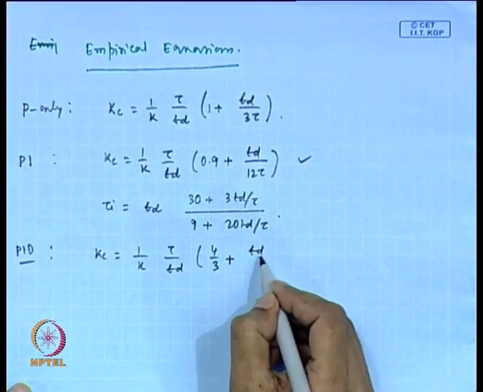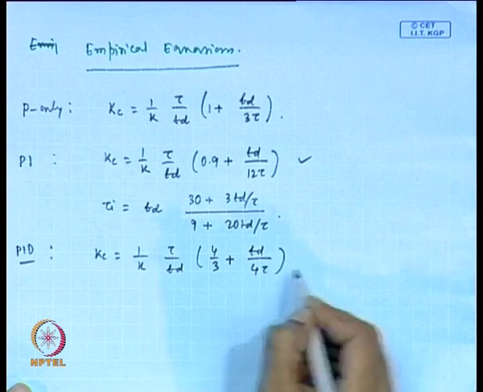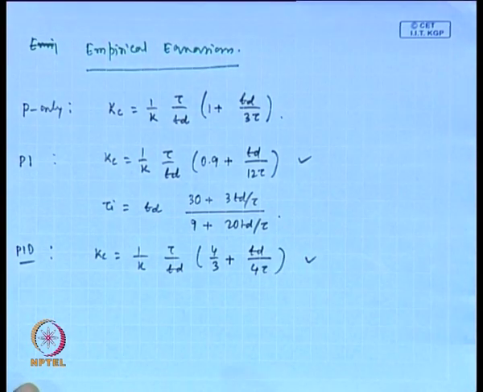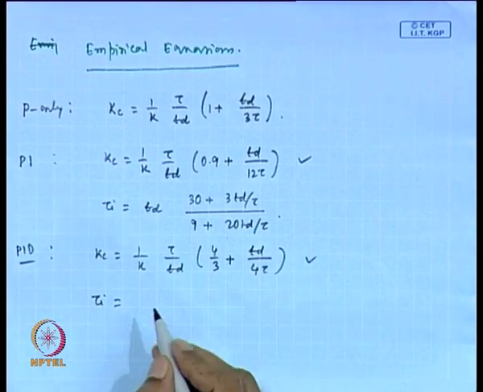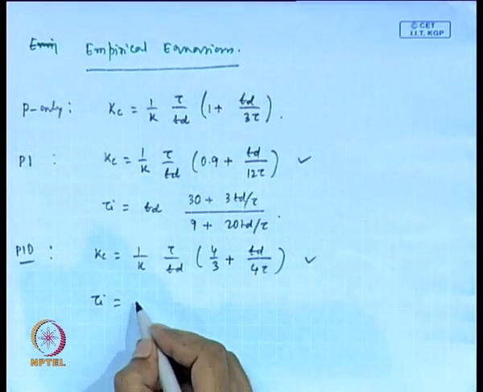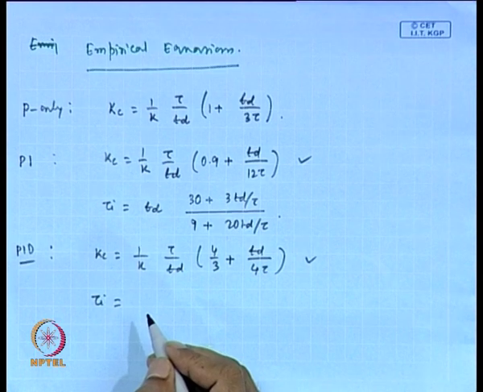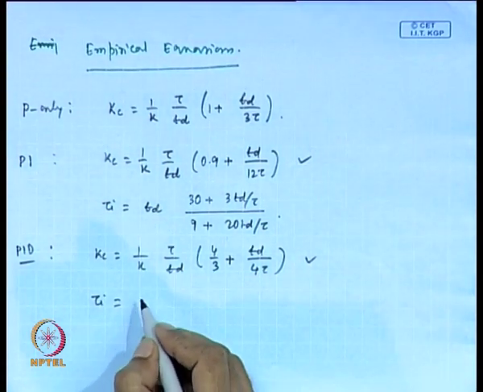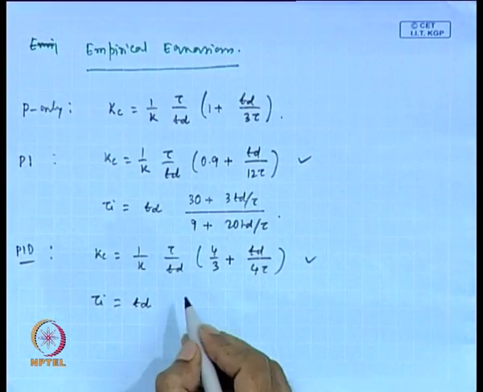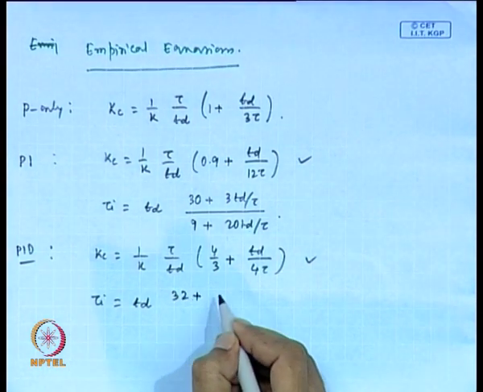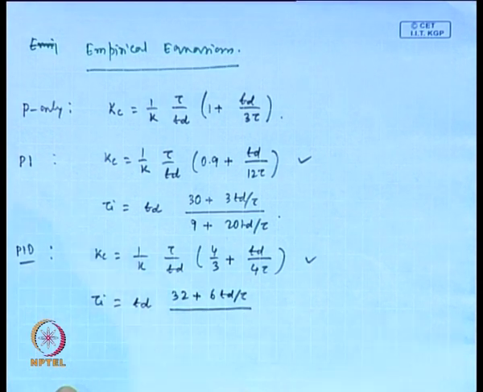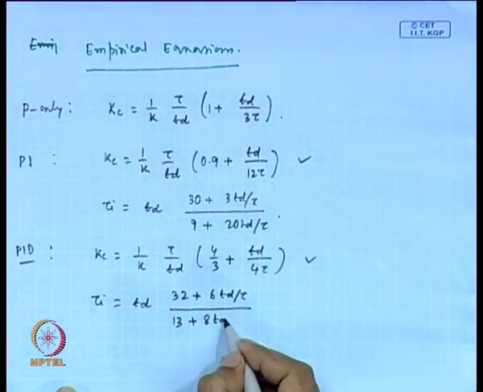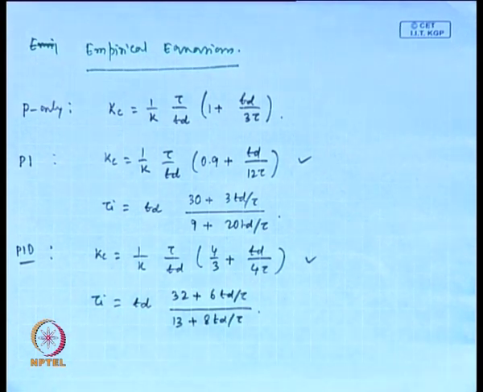This expression they got for Kc. For tau I, the expression is tau I equals Td times 32 plus 6 Td divided by tau, divided by 13 plus 8 Td divided by tau.